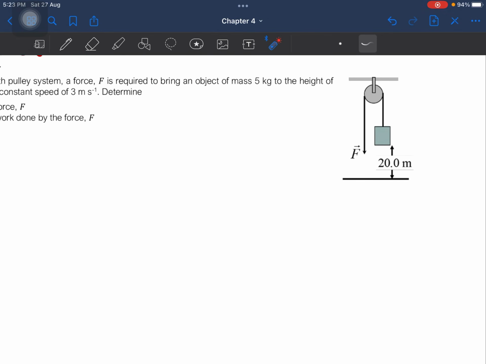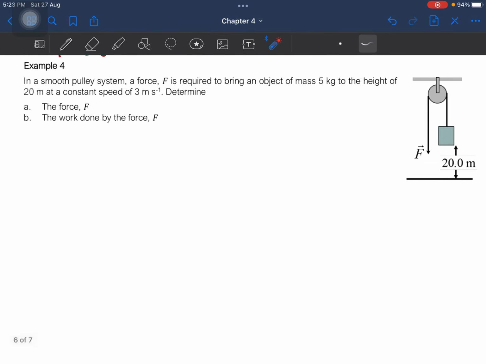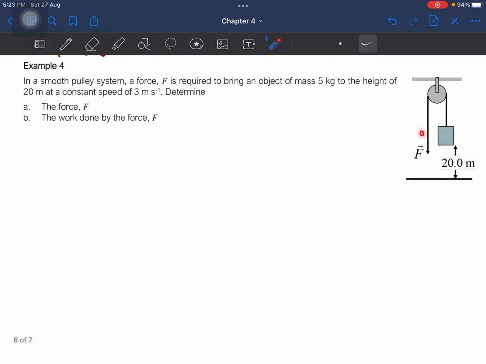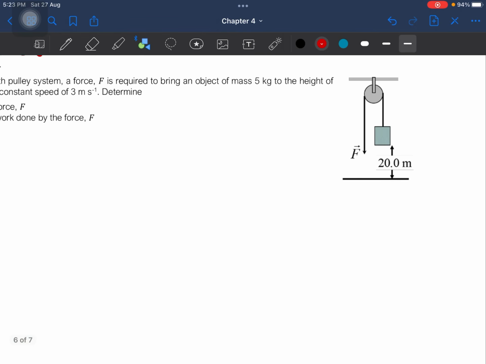Dia suruh cari the force F as well as the work done by the force. So kiranya dari di sini, dari the block 20 meter, dia akan bergerak lagi tinggi lah kan. Dia akan ke situ. So this displacement is here. So that is your value of S lah.